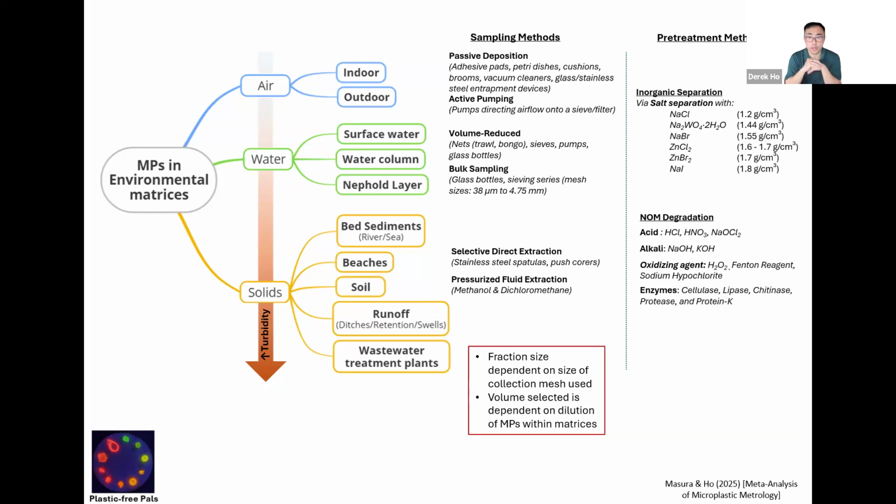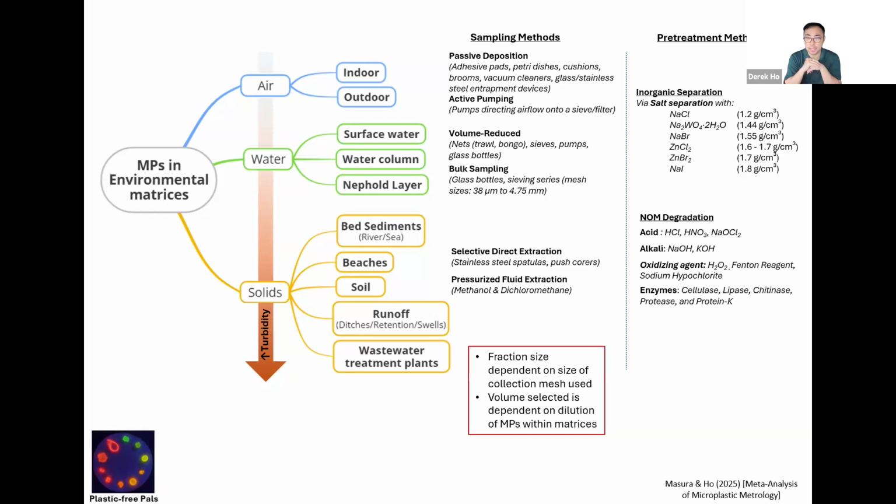To degrade all the natural organic matter, we can use different types of degradation solvents: acid, alkali, oxidizing agents, and enzymes. It has been found that acid and alkali tend to actually degrade the polymer integrity and will be less advised to use.